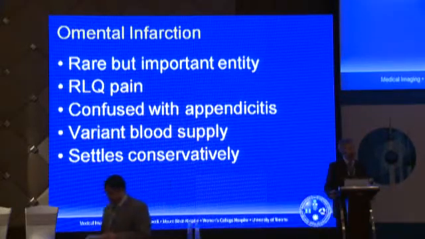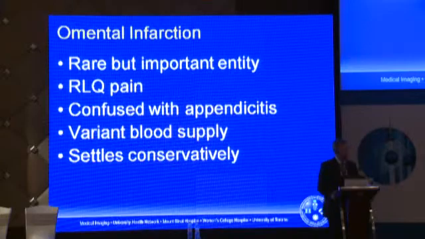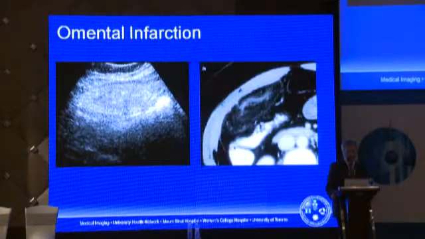And then another inflamed fatty problem is the omental infarct, which is often larger on the right side, usually anterolateral to the hepatic flexure of the colon, and because of that typical location, again gets confused with acute appendicitis. There's discussion about why it occurs, varying blood supplies, and again settles conservatively.